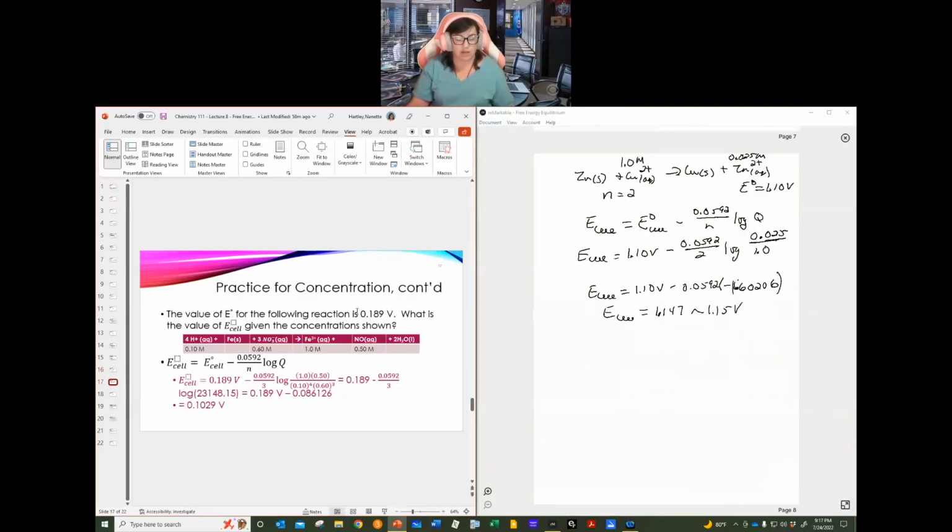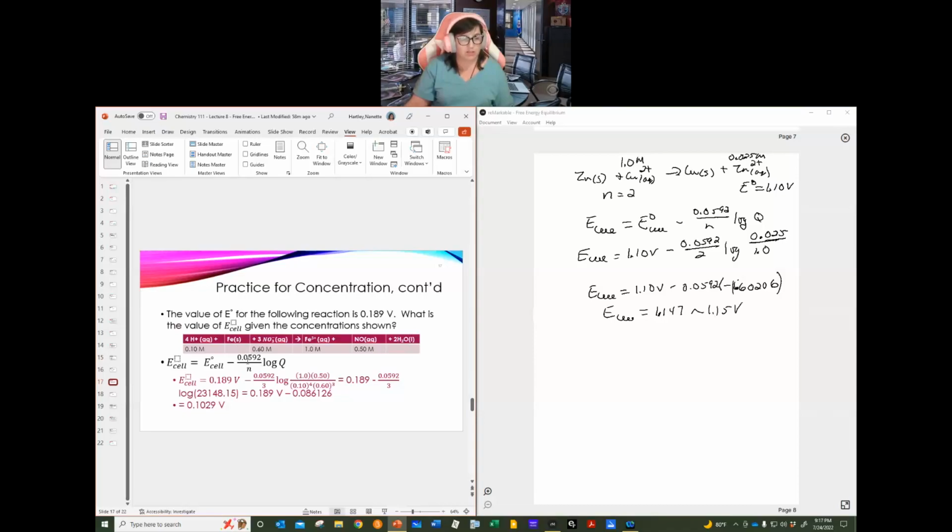One more. And actually there is some calculation with that. Now this concentration cell, I did not write anything on my piece of paper because I did all of this work in Excel. Here I have 4H plus, Fe solid, plus 3NO3 minus going to Fe3 plus, NO, plus 2H2O liquid.